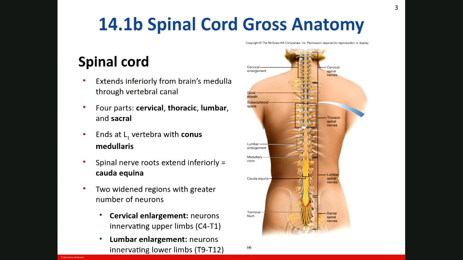The diameter of the spinal cord is different in different regions. In most of the regions, the spinal cord is very narrow, but in two parts, the spinal cord becomes enlarged.